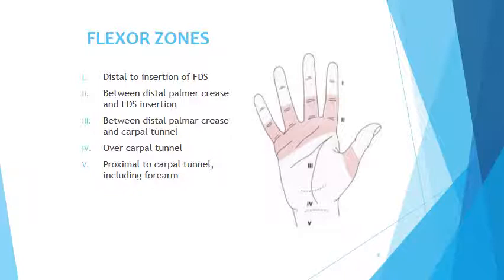Zone 4 lies over the carpal tunnel. Zone 5 is the area proximal to the carpal tunnel, including the forearm. So why do we have flexor zones? Well, it makes it easier to communicate where the tendon is lacerated.